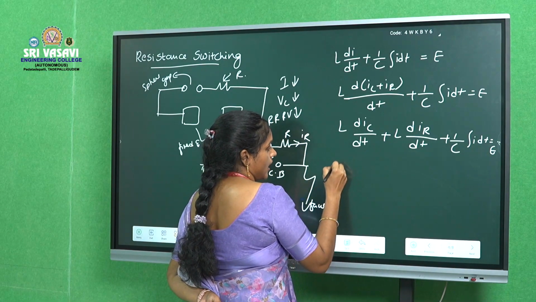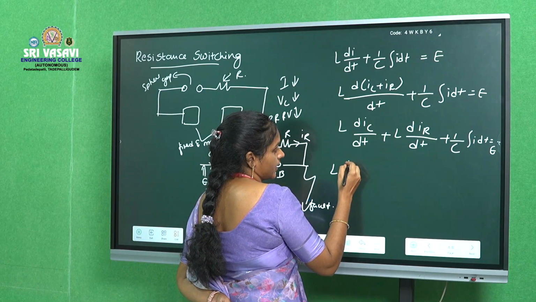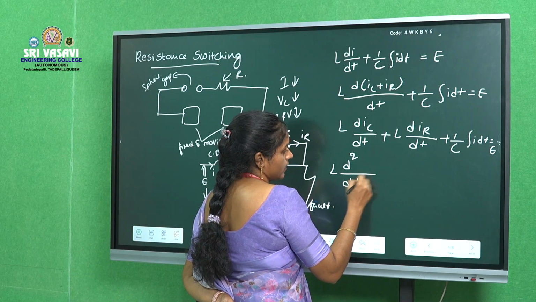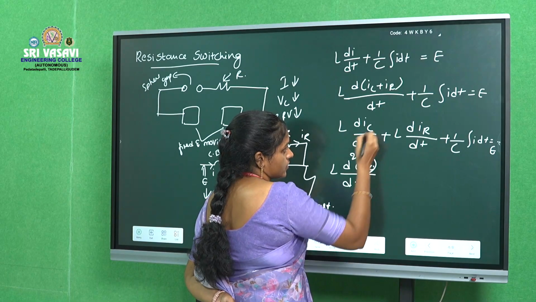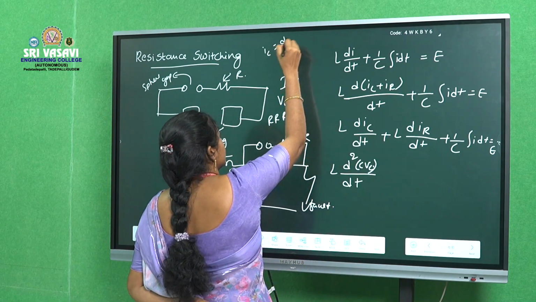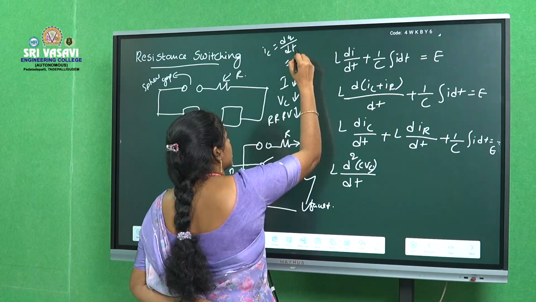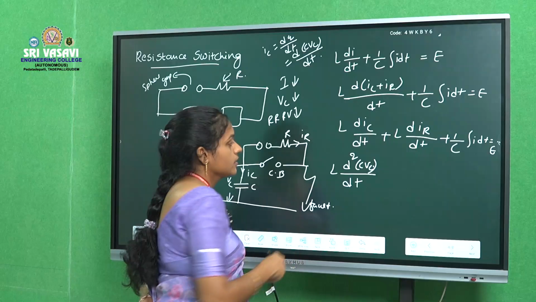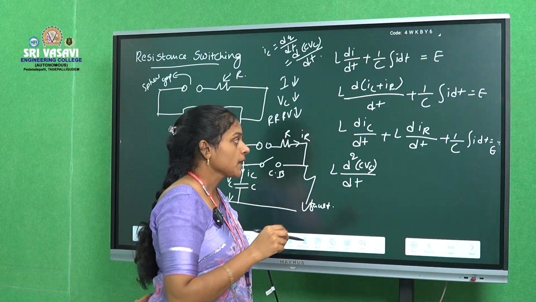So here L into dIC by dt can be written as L into d square (C Vc) by dt square. Here IC is dq by dt, where q is C Vc. So L into C d square Vc by dt square.